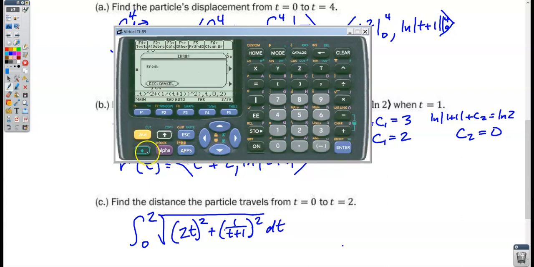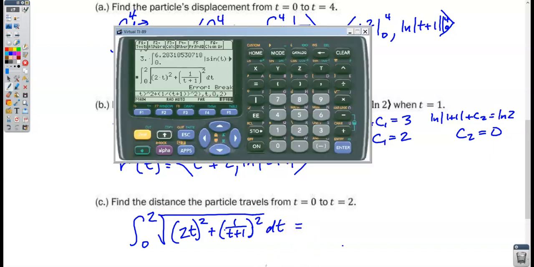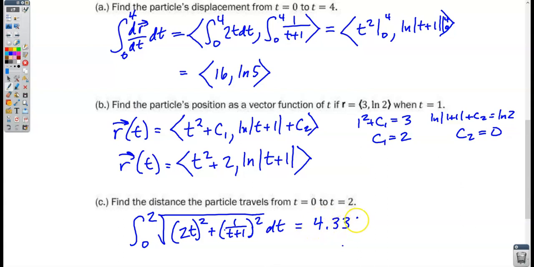And we'll let this calculate the distance that the particle travels. It takes a little bit of time sometimes for it to calculate stuff like this. There we go. 4.335 for the distance that the particle travels.